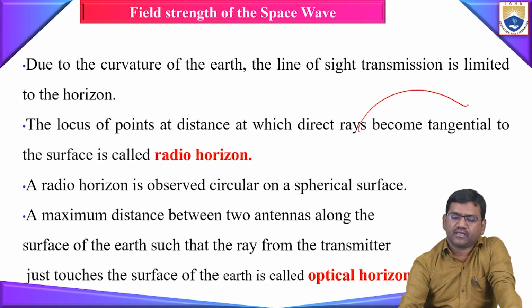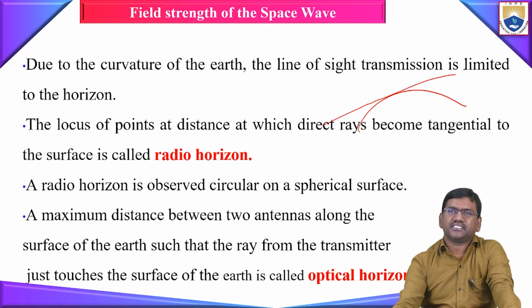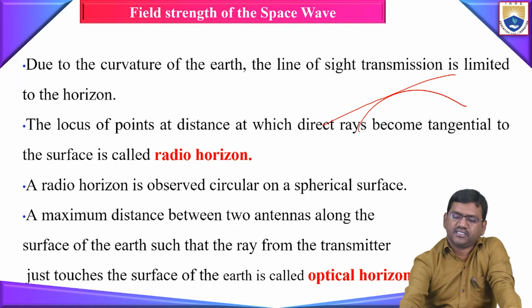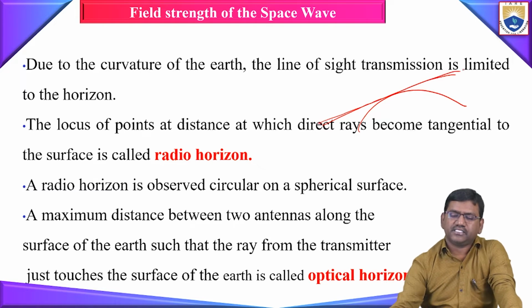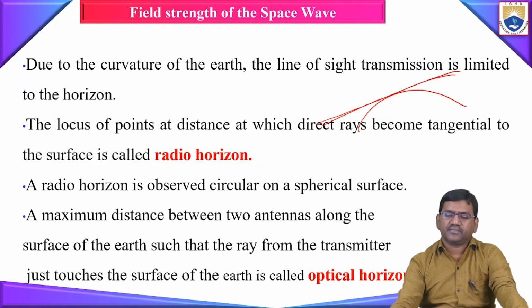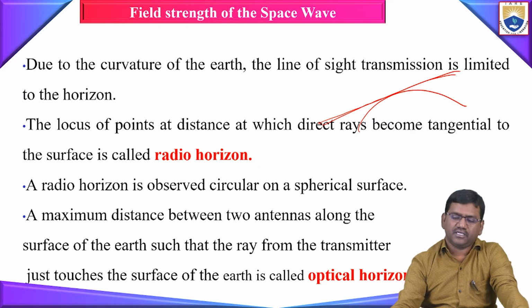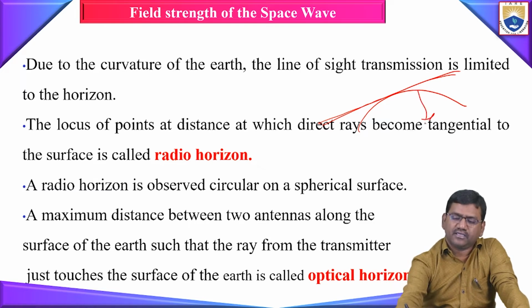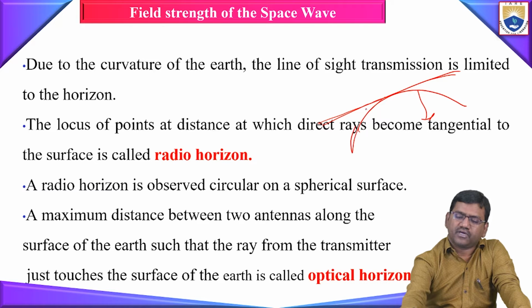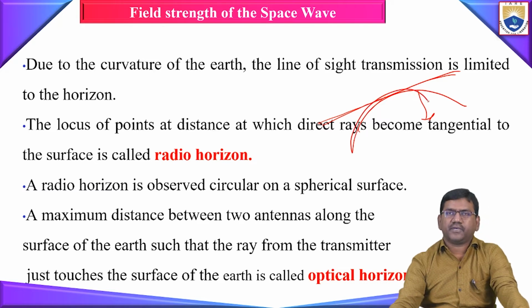The locus of all the points which are tangential, meaning which touch the curved surface of the Earth, this line we call a tangential line to the surface. Hence, this path we call the radio horizon. A radio horizon is observed as circular on a spherical surface.